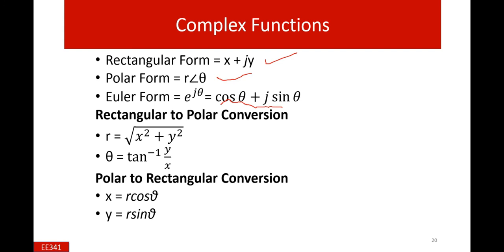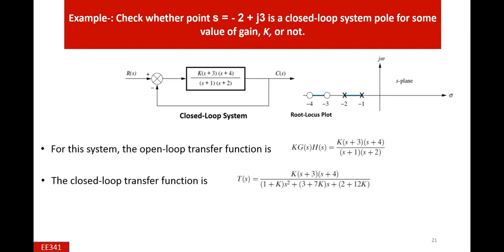If we want to convert from rectangular into polar, this is the way to convert, and similarly vice versa. These are some fundamentals of manipulating complex numbers, and they will be helpful to find the values of complex functions and to understand the simple concepts related to them.